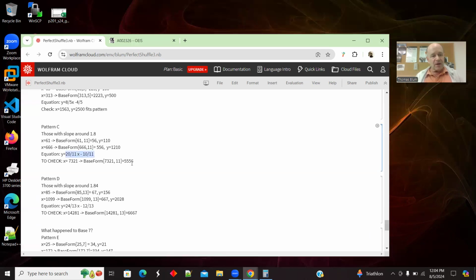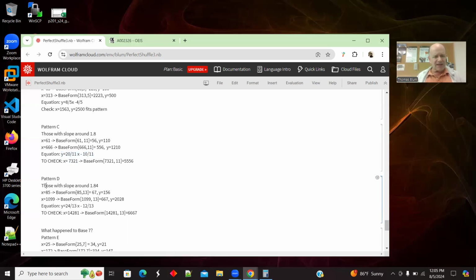The next one to look for would be an x of 7321, which would fit my pattern of 5 6 5 5 6 5 5 5 6 in base 11. These numbers are fairly spread out, but I believe that pattern is right, especially when these equation numbers come out so clean. It gives me confidence that this is right.